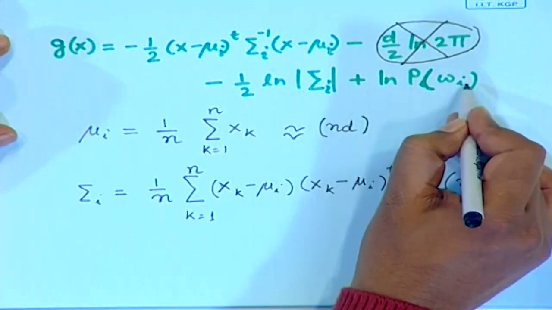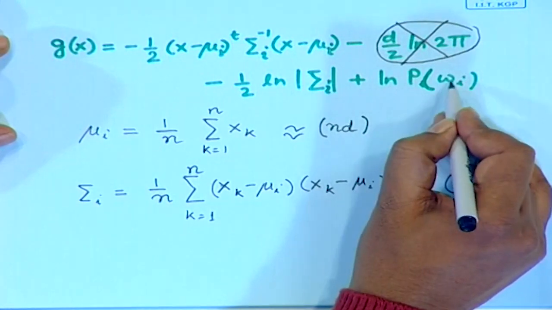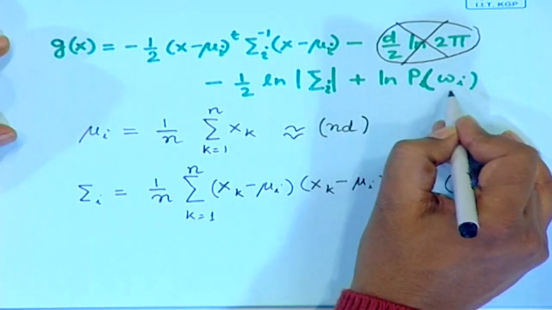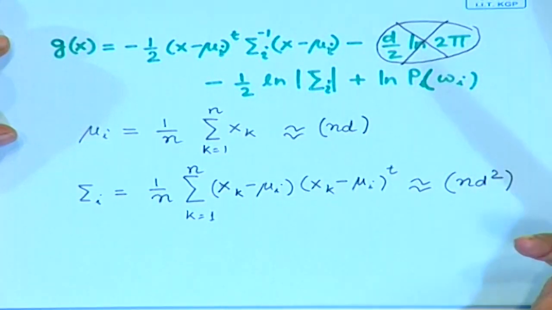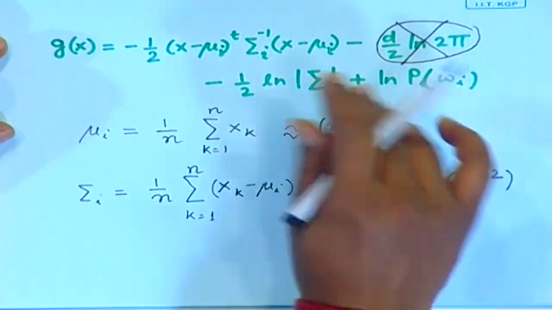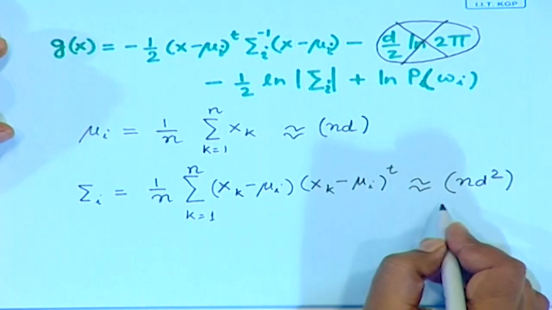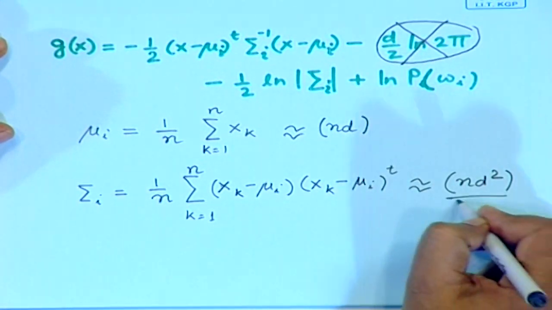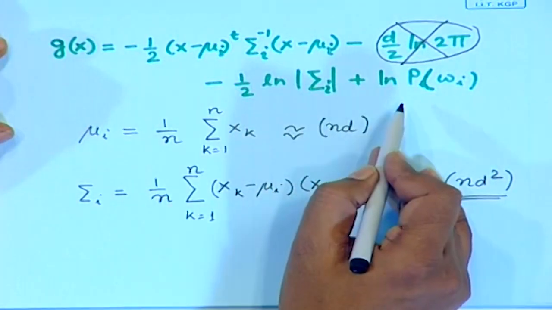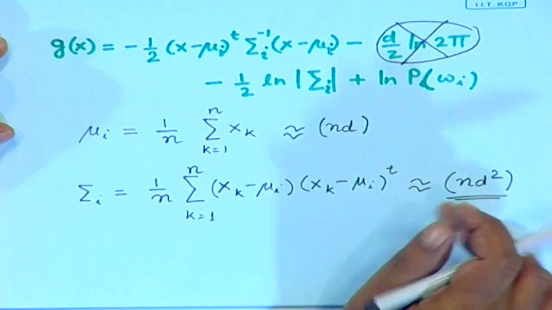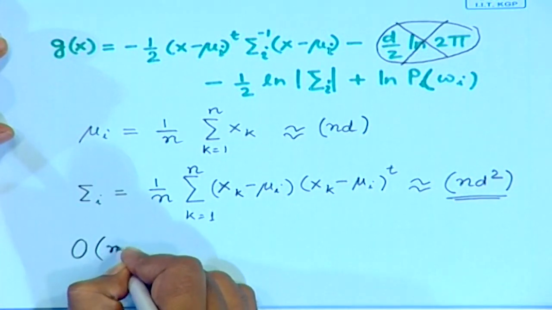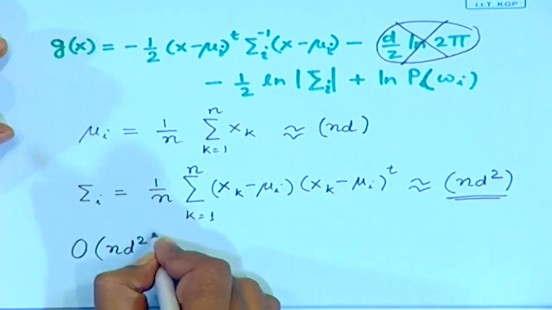The term for P(omega i) depends upon the value of n, because when I want to compute it I have to take n samples into account, so its complexity is n. Overall, the computational complexity of this discriminant function is dominated by the highest one, so I can take the overall complexity to be of order n into d square.